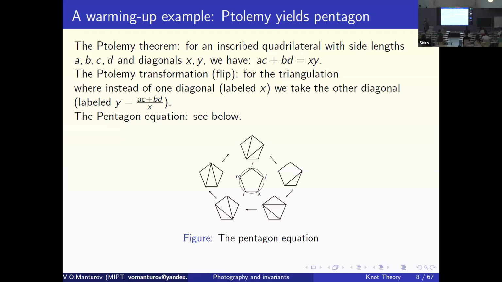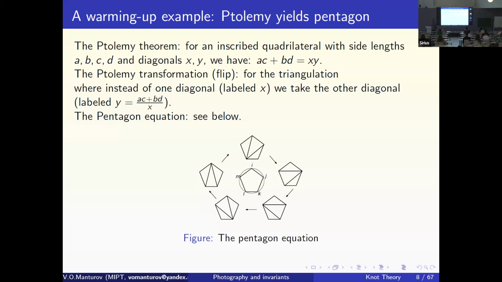In some sense, the photography method means that we can solve equations without even writing them, by some naturality conditions. So we have some data, and we have some data transformation rule. Here is a concrete example. By data, we mean a triangulation. By data transformation, we mean that we pass from one triangulation to another by a flip. You can imagine we have higher dimensional moves and so on.